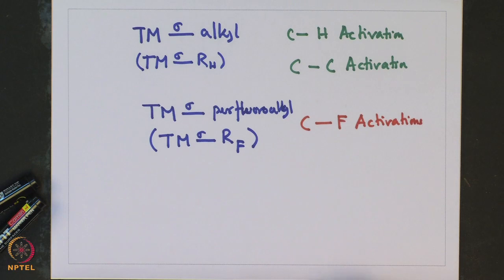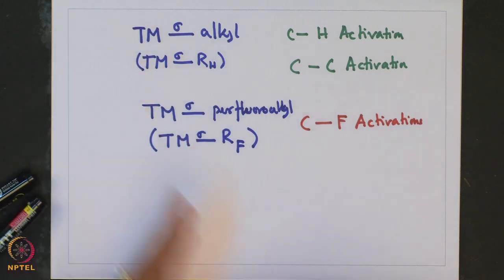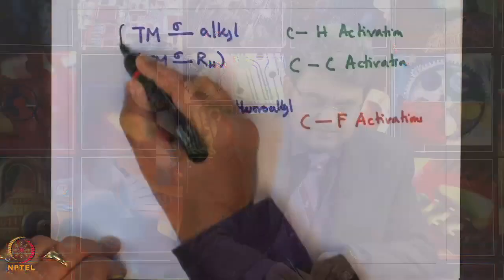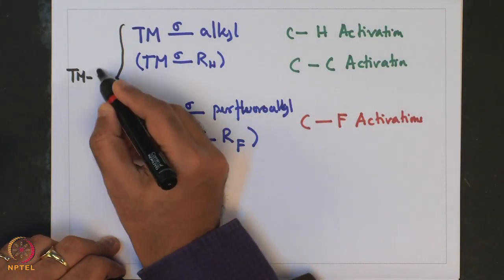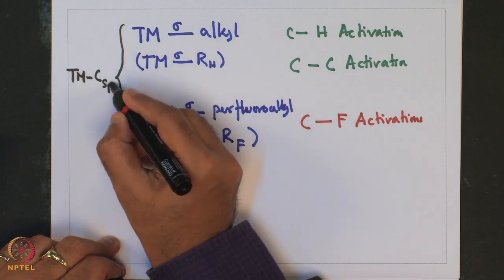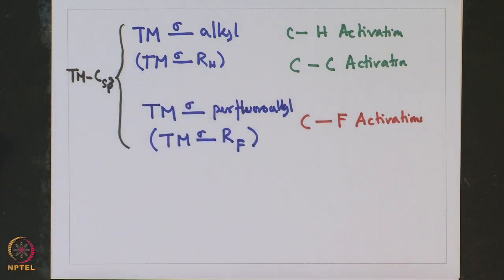These are a class of compounds with a commonality, the commonality being that these are transition metal carbon sp3 type complexes that we have looked into.